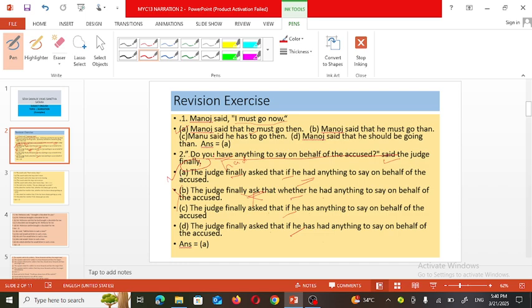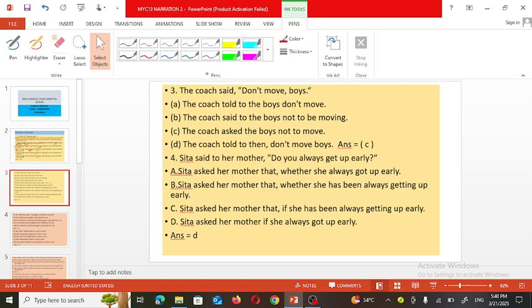Now see the next example. The coach said, "Don't move, boy." Now the dialogue is of which type? It is imperative. So the conjunction to should be here: the coach told the boy.